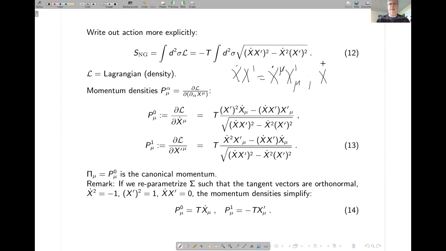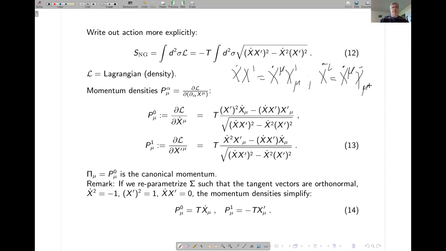Same, of course, with x dot squared. This is x dot mu, and so on. So wherever I think it does not lead to confusion, I will suppress Lorentz indices so that my formulas do not look too cumbersome.